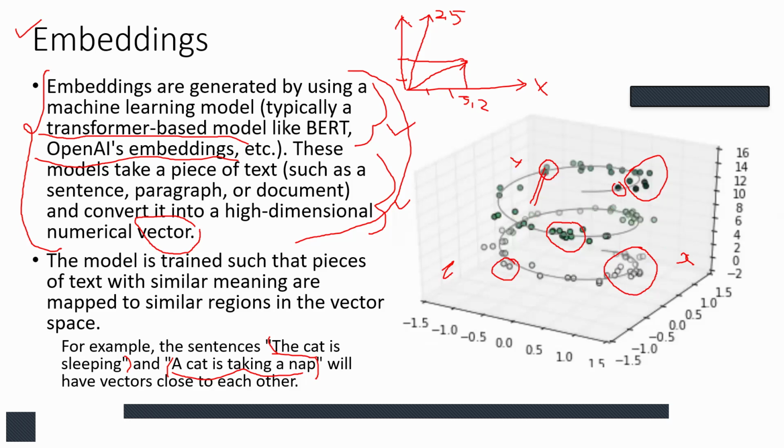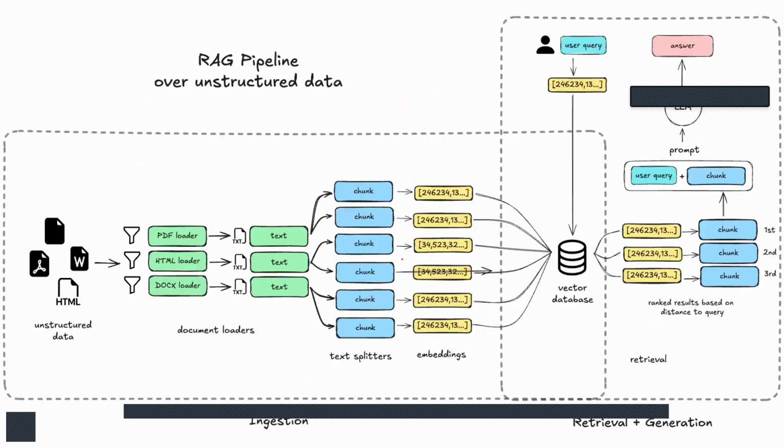The 2 or 3 dimensions are only for illustration. When you choose an embedding model, its specification will say how many dimensions it has, 750 or 1500, maybe 3000. So that we need to see.